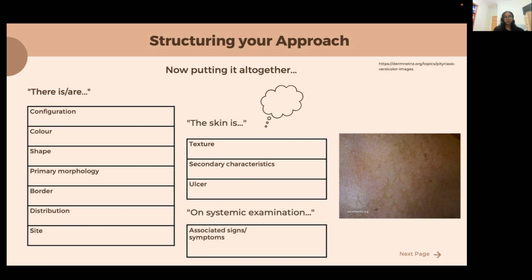We obviously don't know the distribution or the site, so we have for the color, skin colored or slightly hyperpigmented, shape polymorphic.